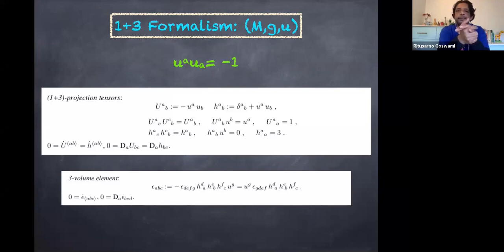Of course, that is the most natural choice. And we consider the projection tensors based on this vector. So basically, we are dividing the metric into the direction of UA and orthogonal to UA. Similarly, we can decompose the 4 volume element into the usual 3 volume elements, and so on and so forth.